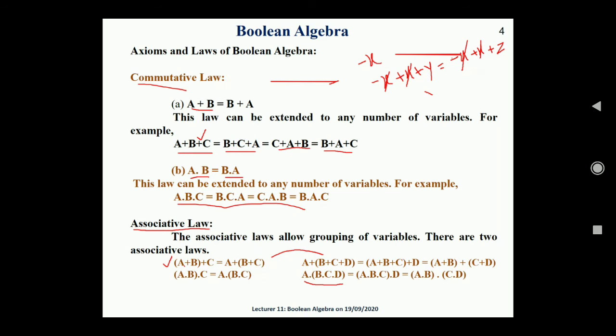Here we are using the plus symbol, and here the dot symbol. When we write a plus b plus c in grouping form, we can also write a plus the group b plus c. If we group a dot b with c, the meaning is the same as a dot b dot c. So this law is called the associative law.